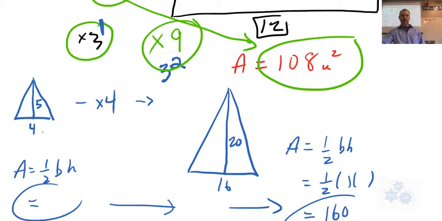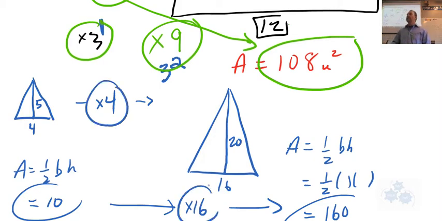And 160 compared to 10 is times what? Times 16. So do you see how we're coming across a pattern here? When we talk about area, it is actually the square of whatever the scale factor is. Okay, so in a few different examples there.